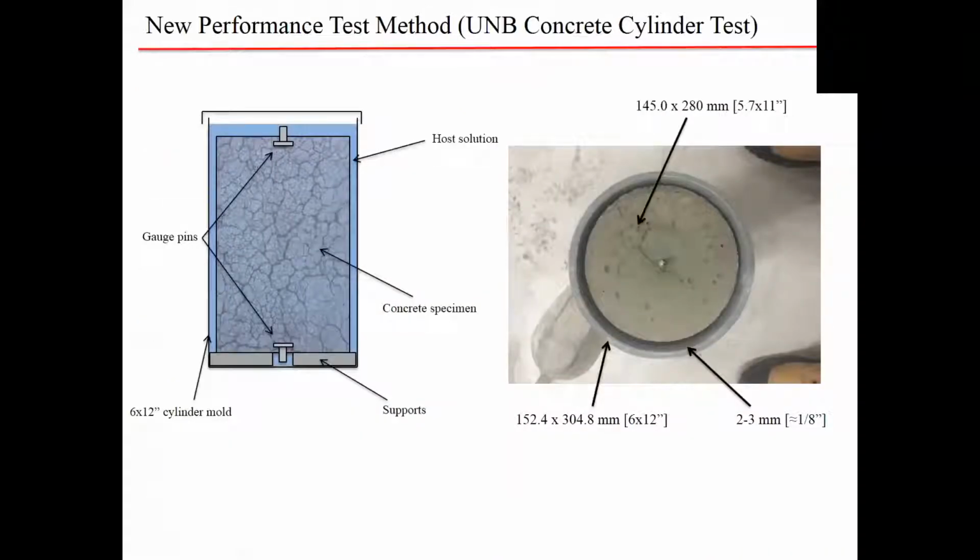So to the UNB test approach, similar to the large-scale samples I showed you before, what we're doing here is basically taking an almost 6-inch concrete cylinder and placing it in a 6-inch concrete cylinder mold, such that there's about a 2-millimeter annulus between the concrete cylinder and the mold, and we backfill this space with a pore solution, the recipe for which we predict based on pore solution test data.